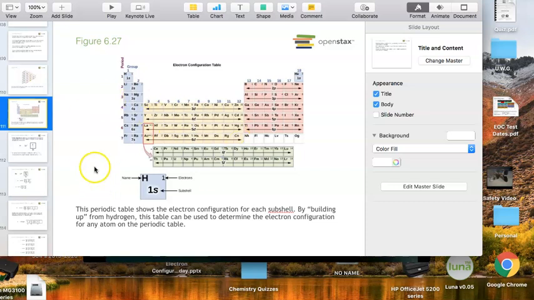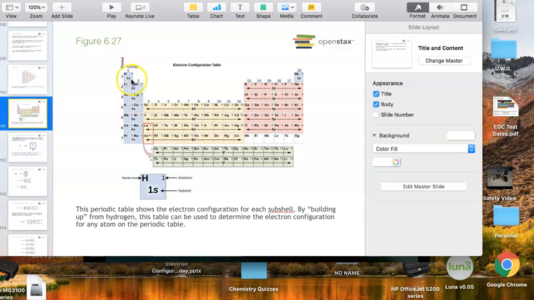This is a color-coded periodic table, color-coded based off subshells. So we're talking about L subshells, which represent the orbitals. The first two columns in the periodic table are color-coded blue. This is the s subshell, written 1s, 2s, 3s. The 1 indicates the quantum number, the energy level.